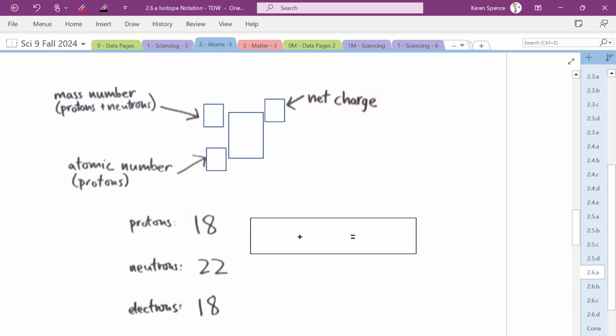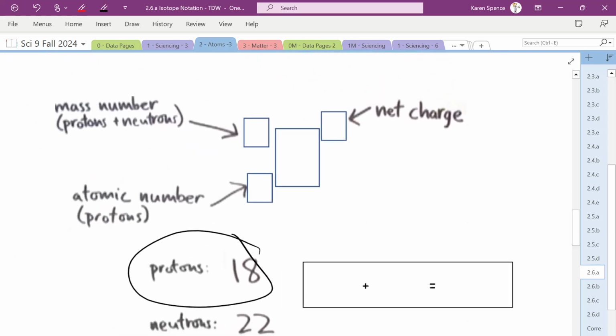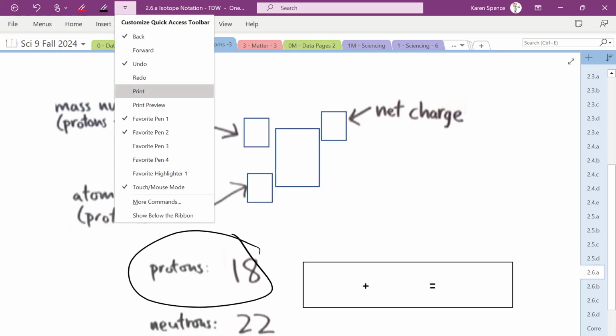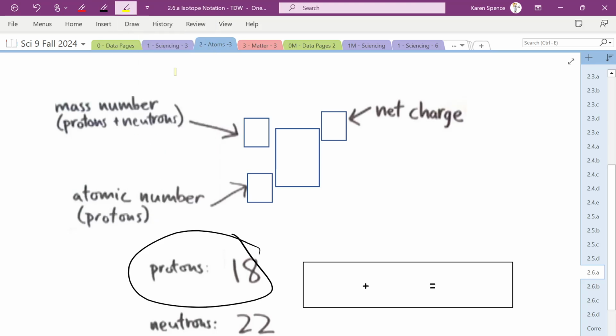How about this one here? 18 protons. Where can we put that? Where does 18 go? You have a choice. It can go here or here or here. Where do we put the 18 protons?